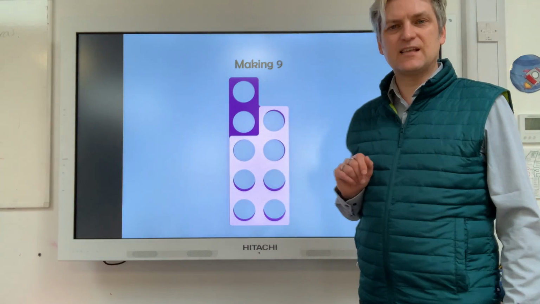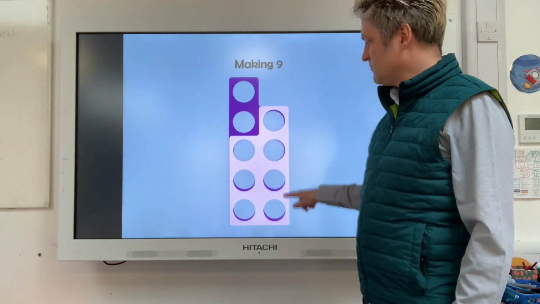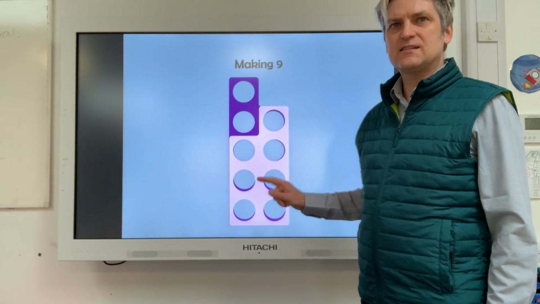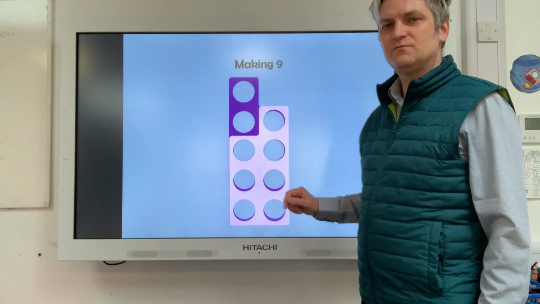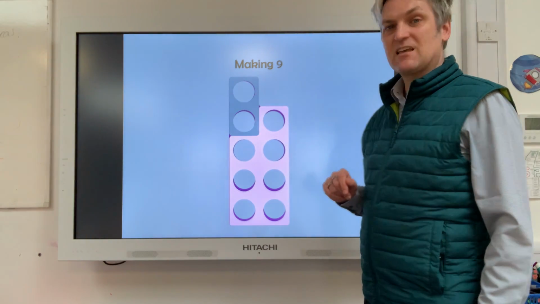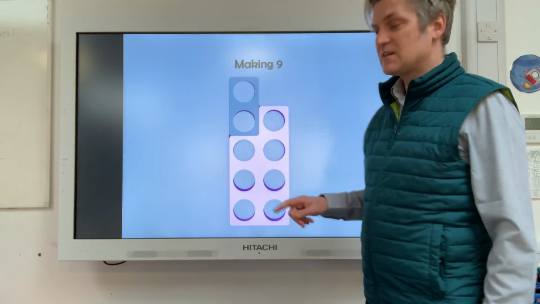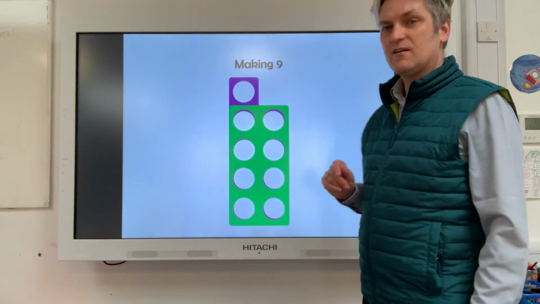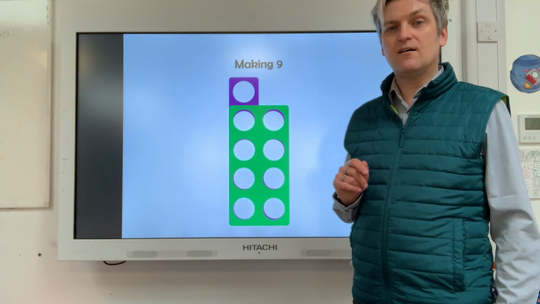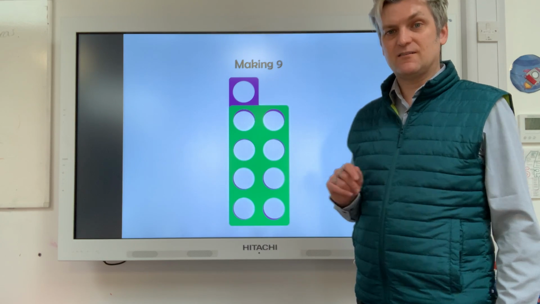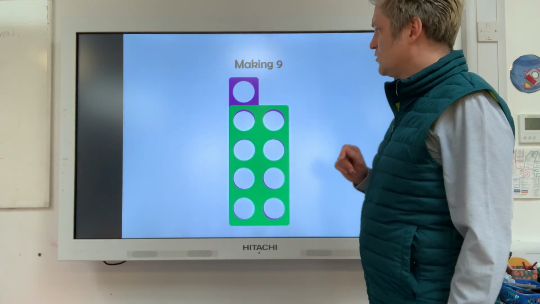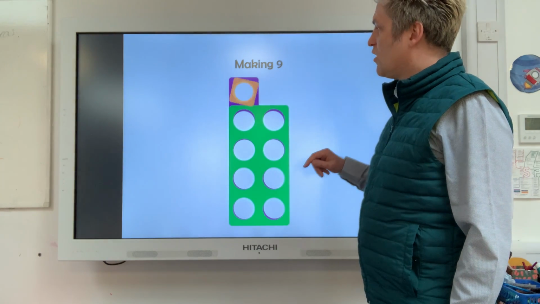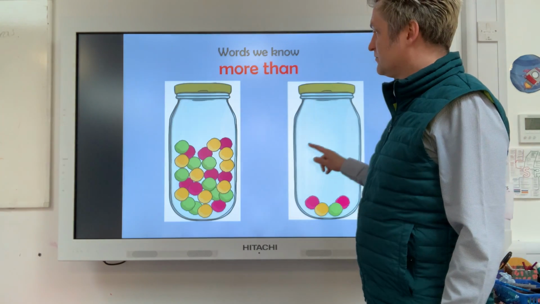Ooh, I've got 7 this time. What else do I need to make 9? 7 and what? 7 and 2. 7 and 2 makes 9. Here it is one more time. This time I've got the number 8. 8 and what? What do I need to make 9? 8 and one more. There we go.